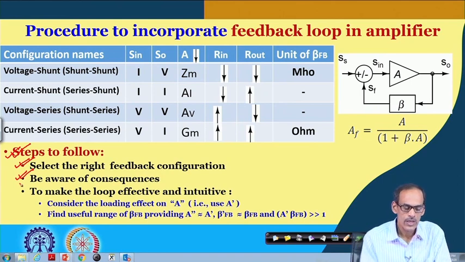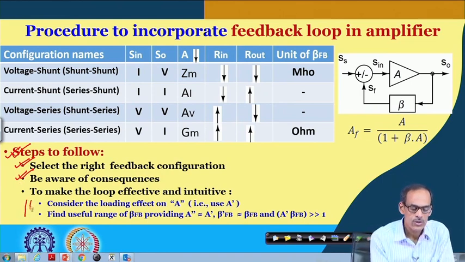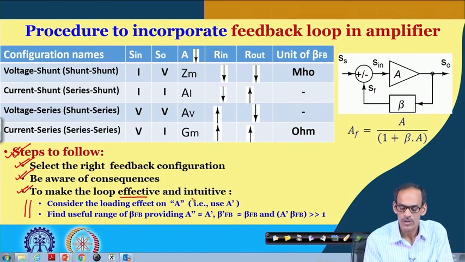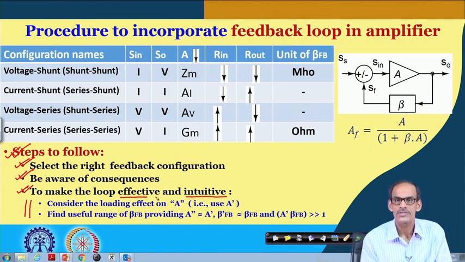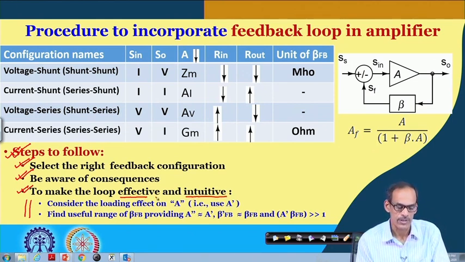So, here we have some guidelines which help us to make the loop really effective according to this formula. Also we can intuitively say what kind of changes are happening. So, what are the guidelines we have?